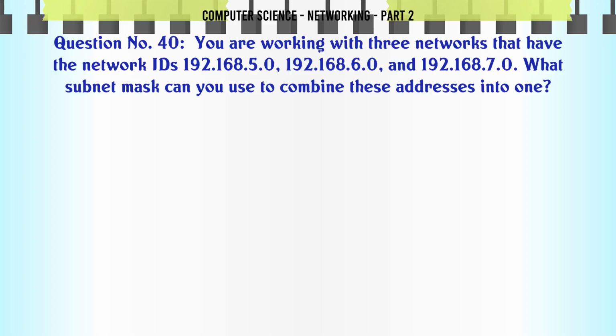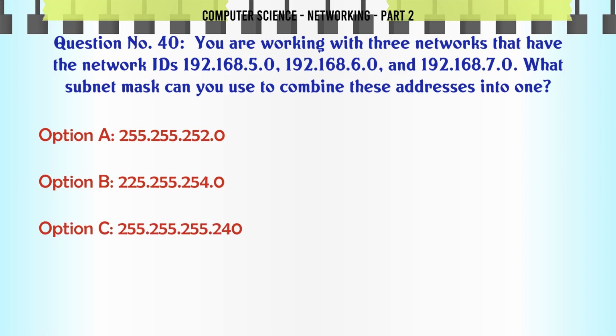You are working with three networks that have the network IDs 192.168.5.0, 192.168.6.0, and 192.168.7.0. What subnet mask can you use to combine these addresses into one?